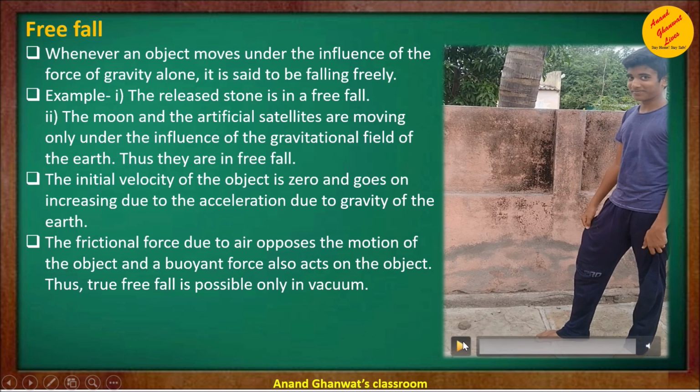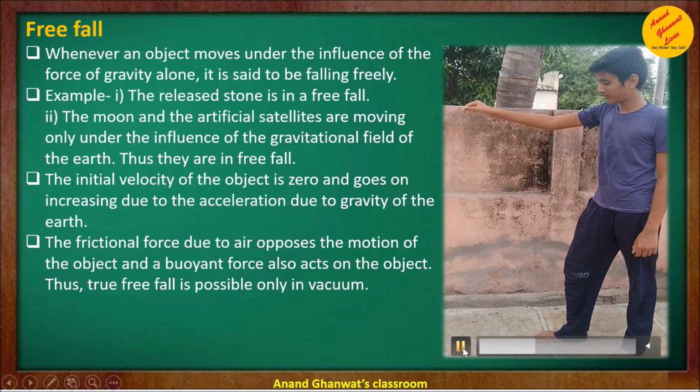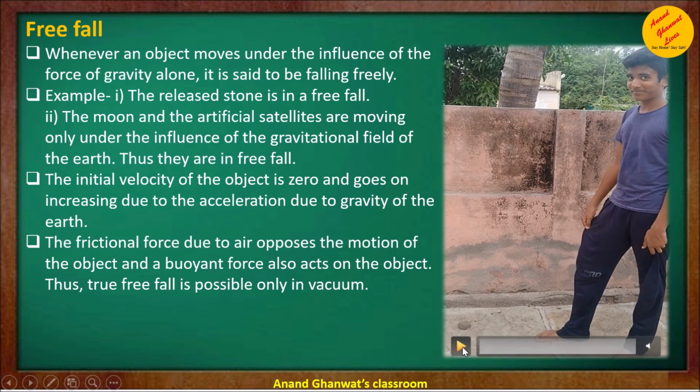When we release that object or stone vertically downwards, two types of forces act on that stone and oppose the gravitational force. First is the frictional force between the stone and the air. So the frictional force is acting opposite to the gravitational force.